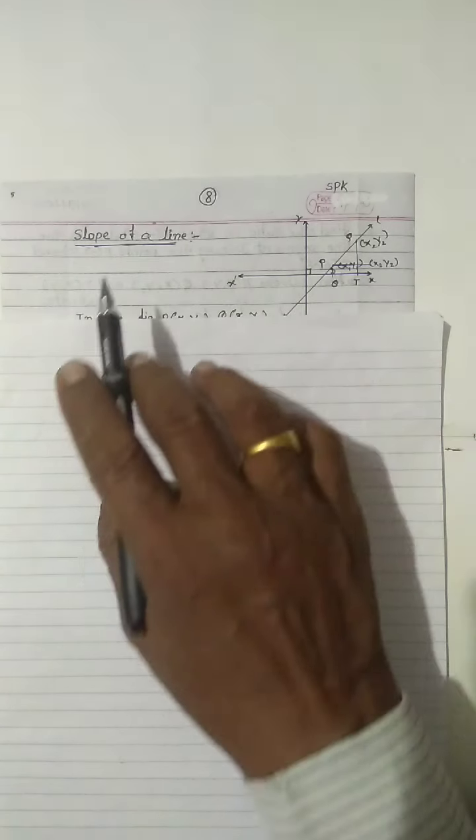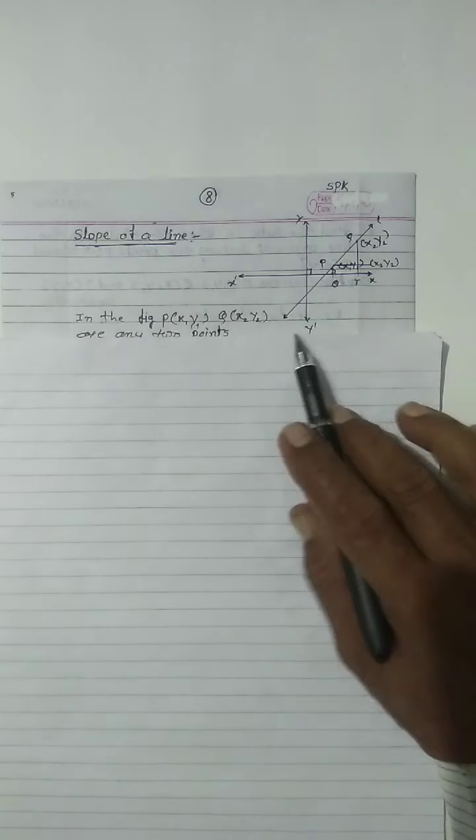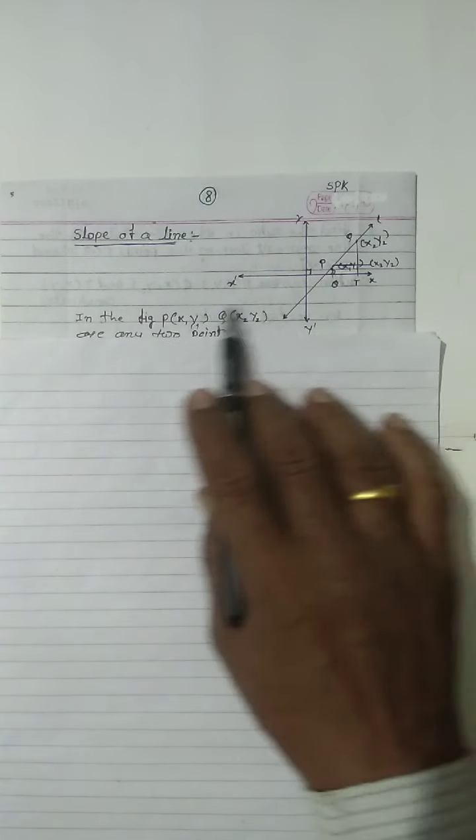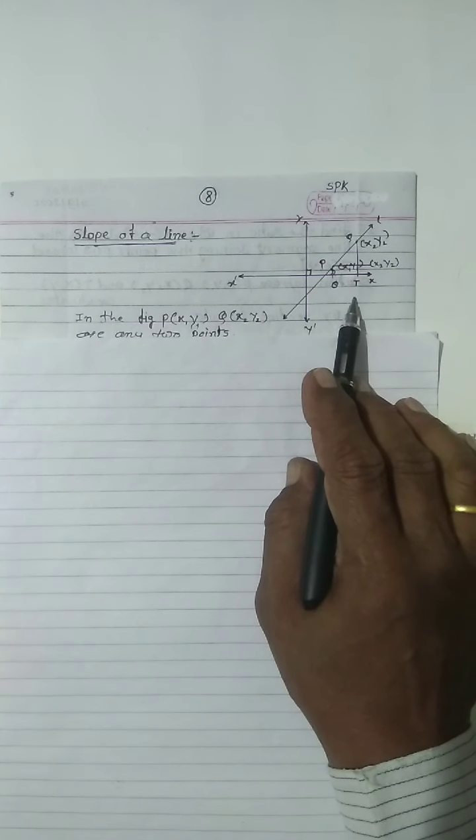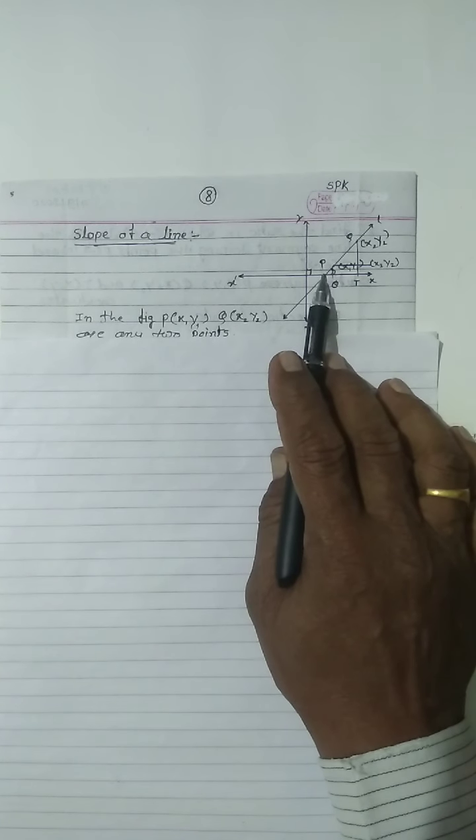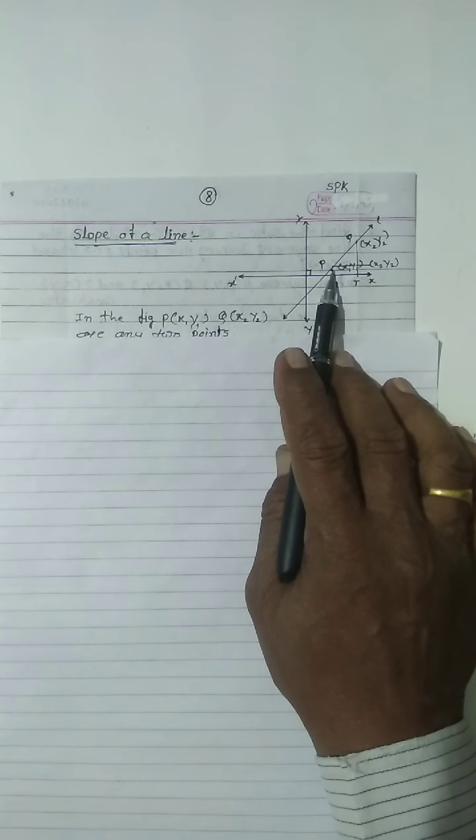Today we are going to study one more formula, that is the slope of a line, from coordinate geometry. In this formula, the line L intersects the x and y axes. The angle made by line L with the x-axis is theta.